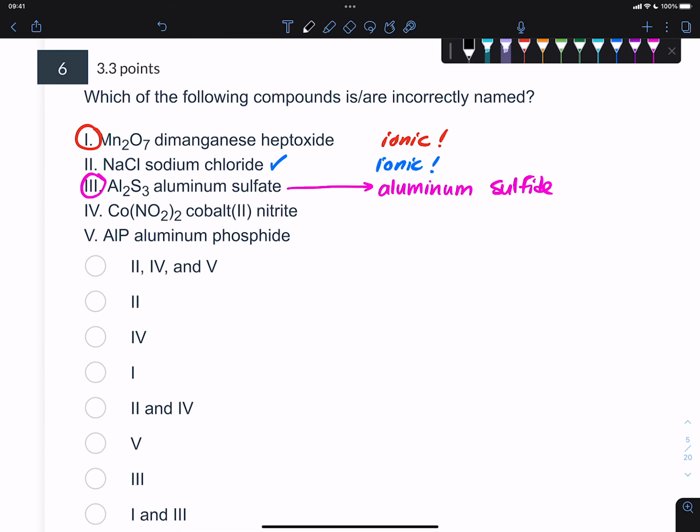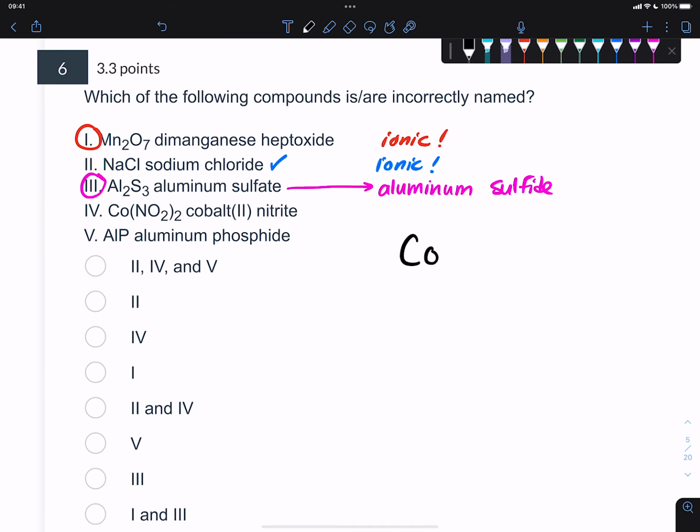Here's one way to do it. You can write out Co(NO2)2. That's the formula. Break it apart. So first, you have cobalt. So you know that it's cobalt with some charge. You don't know what the charge is explicitly. You can verify that, but at least you know it's going to be cobalt something.